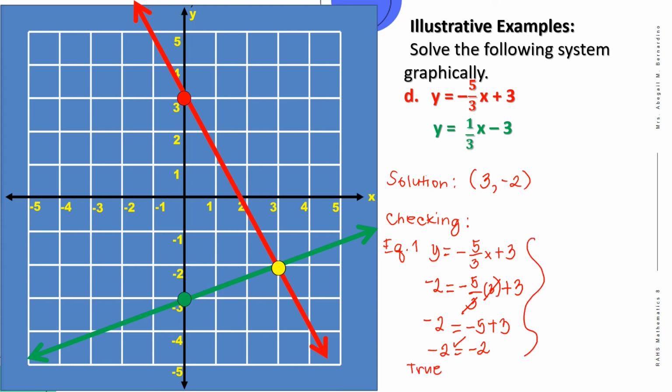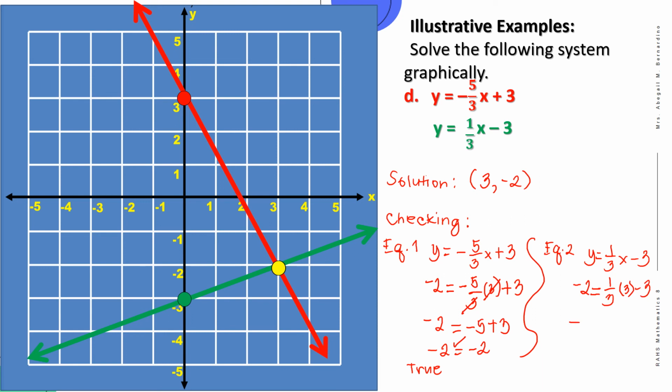Next, we're going to move to the equation 2, which is y equals 1/3 x minus 3. Once again, substitute the value of y, which is negative 2, equals 1/3, and the value of x, which is 3, minus 3.